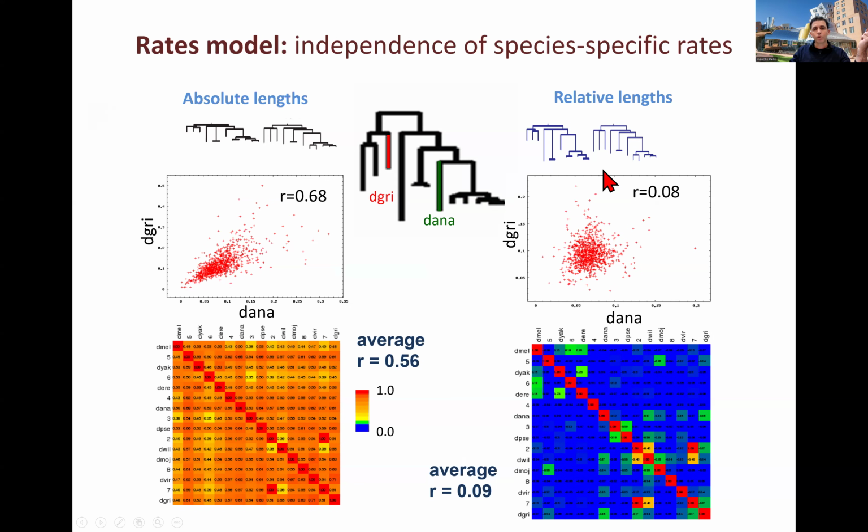But if you look at the normalized lengths, they're almost uncorrelated. And you can see that on average, the correlation is 0.6 compared to 0.01, 0.1 for the normalized branch length. In other words, there's this common force that's driving all of these correlations. And you can think of that force as simply the fact that a gene evolves at a given rate and a species evolves at a given rate. And when you look at them together, they're just the product of the 2. Everybody with me here? Awesome.